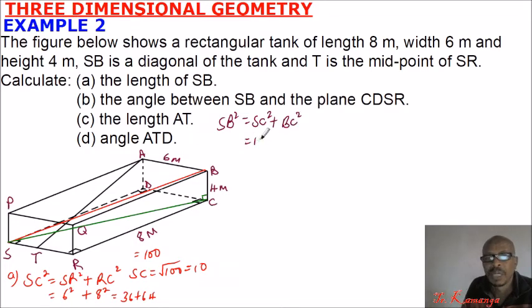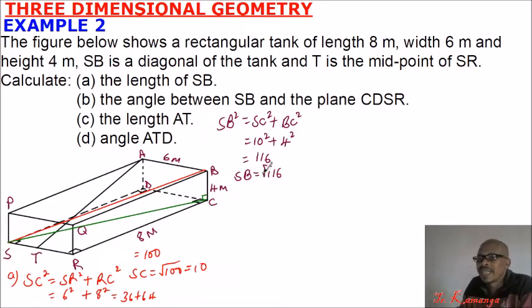So this is equal to 10 squared plus our BC, 4 squared. 10 squared is 100, 4 squared is 16. So this is 116, implying that SB is equal to the square root of 116. Using the calculator, you get 10.77 meters. So that is the length of SB. That is how you get that length.